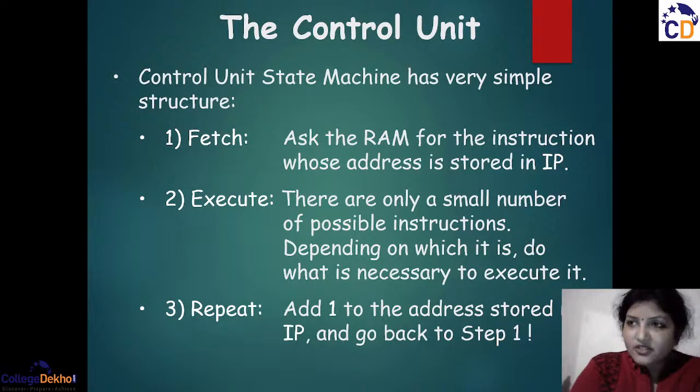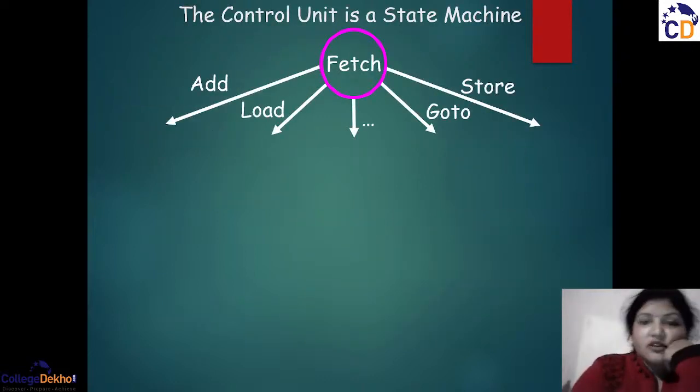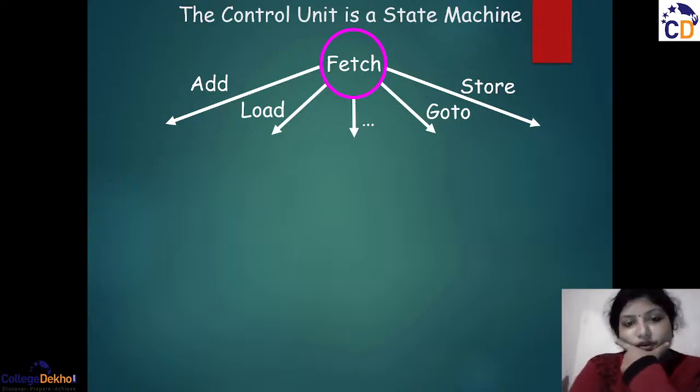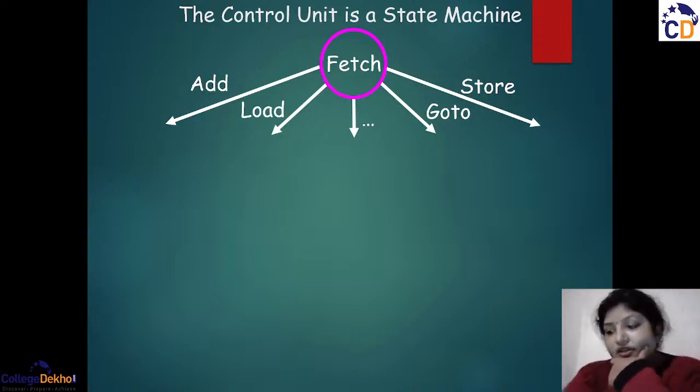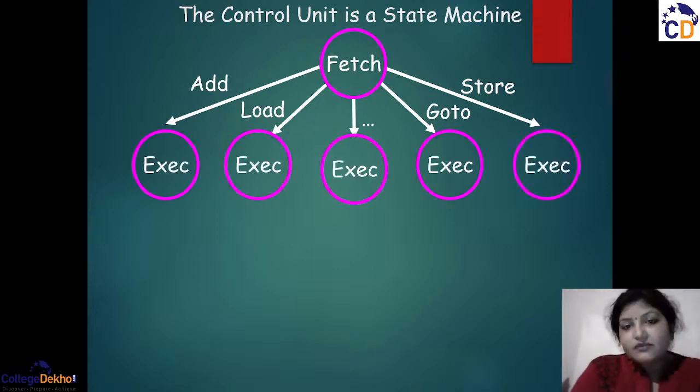You may have fetch, then after fetching the instructions, after fetching the data and performing the different operations, we may have different instructions. On different instructions we may have to execute them. Now the next step is to execute them, right?